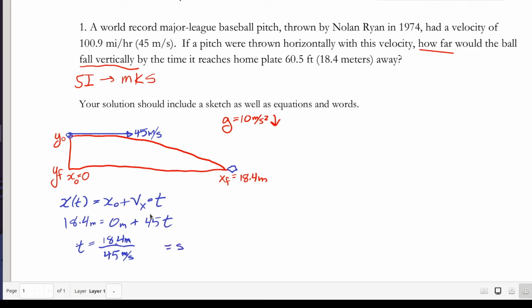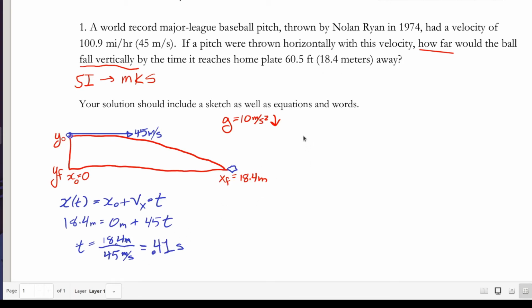That comes out to 0.41 seconds. And again, in this course, we're not going to be too particular about significant digits, but we'd like to be within one significant digit of the totally correct number, just to be in the reasonable ballpark. So I have 2 digits here, 3 digits here. We're going to report 2 digits on this time.